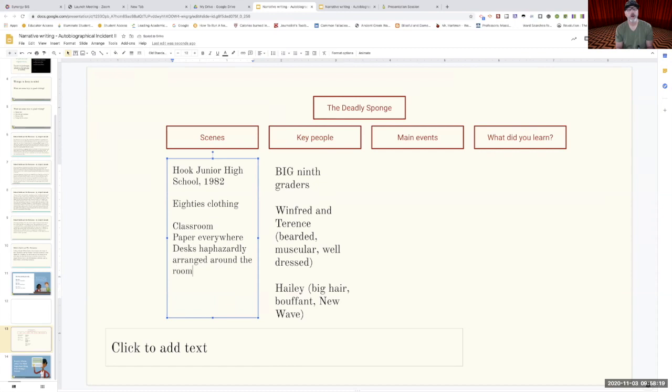I do remember that. Everyone, for this particular thing, was out of their seat. Okay, cool. So that's giving me what I need.